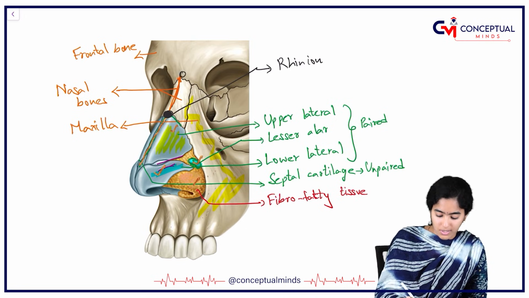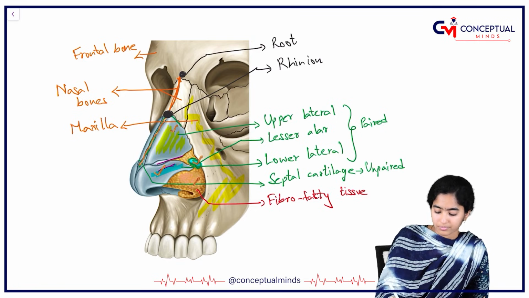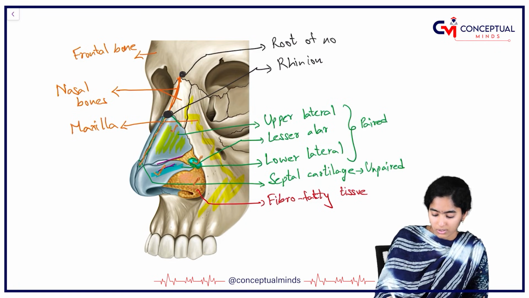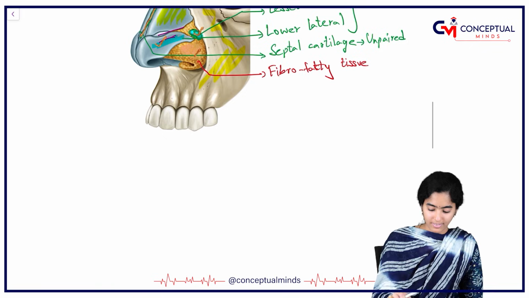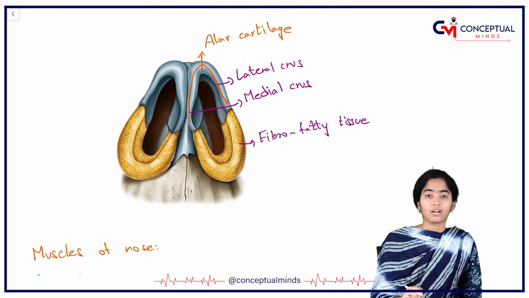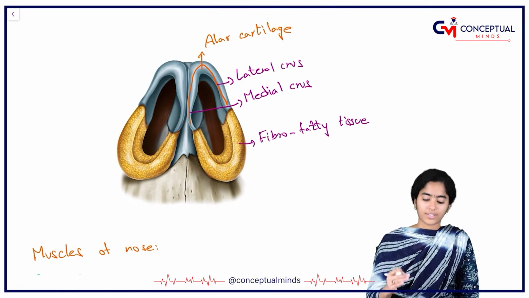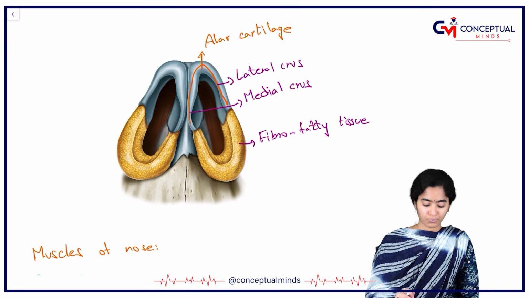Just like how this is the root of the nose, that is another landmark. Rhinion and root of the nose. Next, this is a picture showing the alar cartilage in much more detail with the lateral crus and medial crus properly seen and also the fibrofatty tissue.